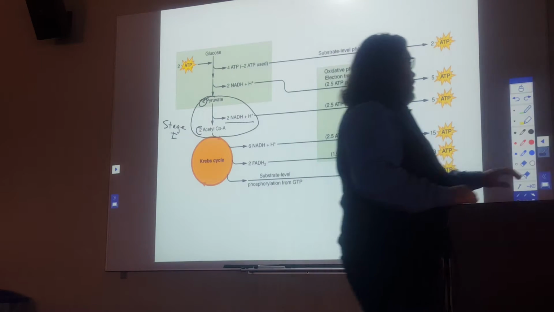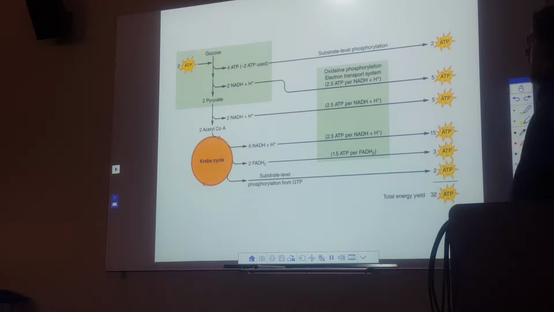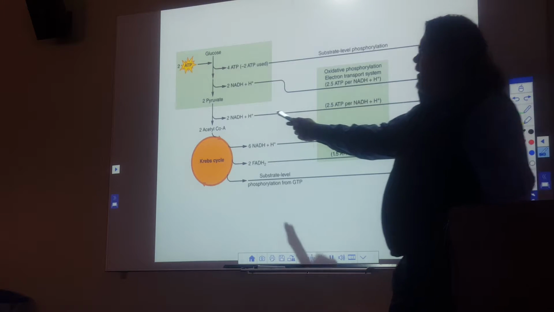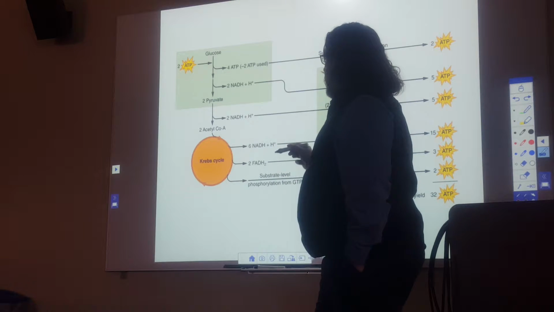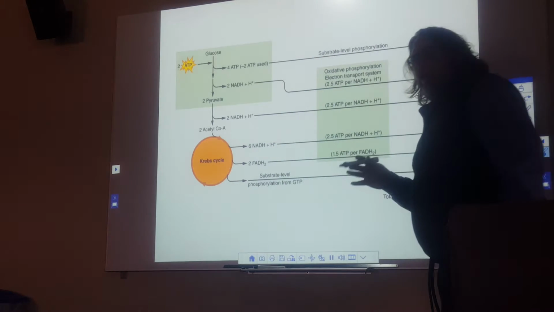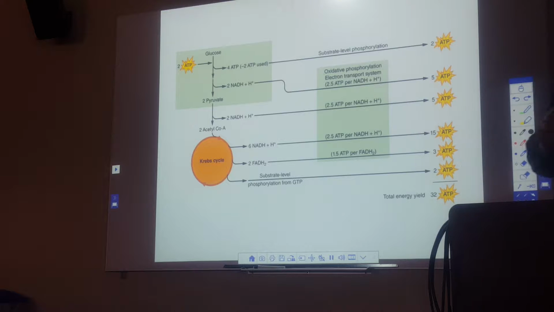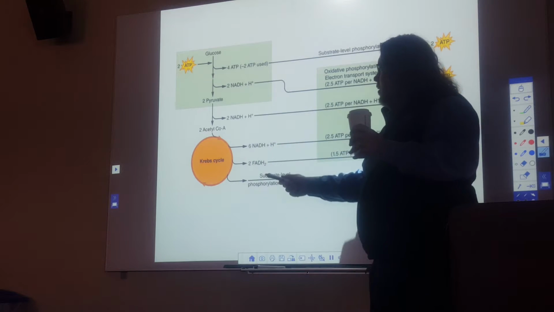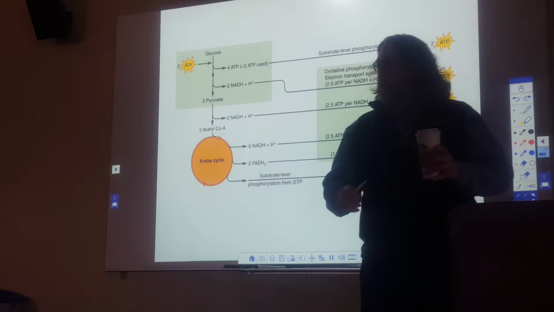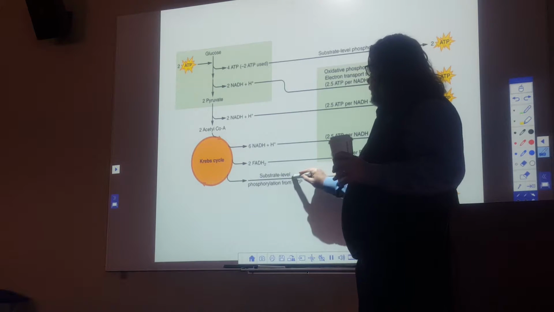Then we get into the Krebs cycle. In the Krebs cycle, we have 2 acetyl-CoA that are going to go around. One is going to go around, the other one's going to go around. And for each cycle, for 1 acetyl-CoA, how much will you get? You get 3 NADH, one FADH, and then one what?